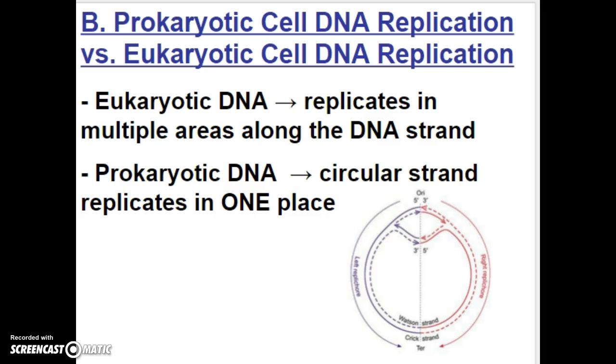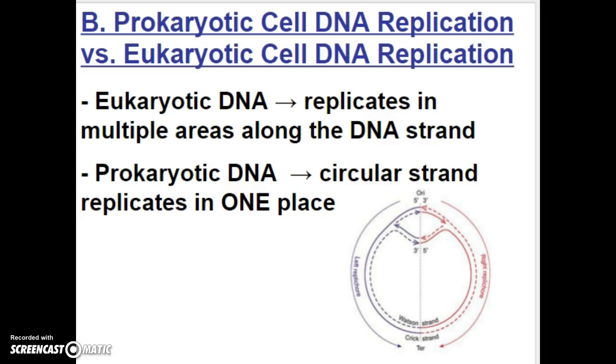It would take way too long. You would have multiple construction crews along the way fixing sections of the road. That's how eukaryotic DNA replication works. This is going on in multiple areas along the DNA strand. So there's many construction crews unwinding the molecule, finding a start point, adding the bases, and sealing it back up.